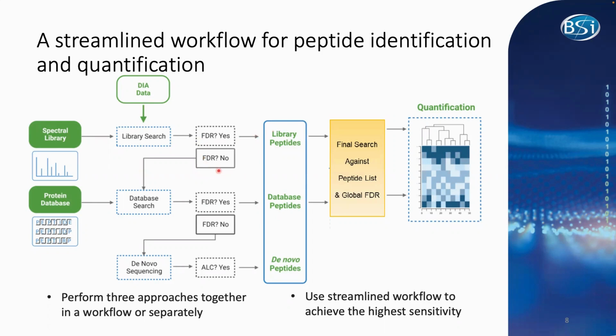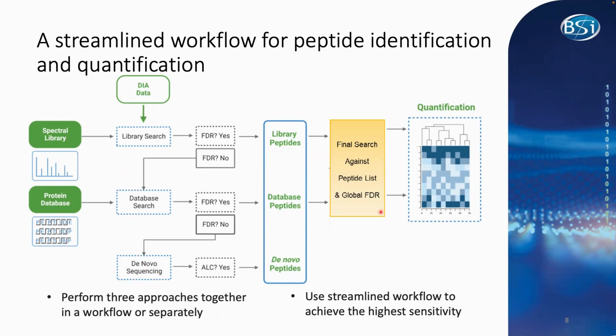MS2 spectra that couldn't be matched to any peptide in the spectral library within the FDR threshold are brought forward for database search. Same here, peptides that pass a certain FDR threshold are saved in the database search result. And any unmatched spectra from the spectral library search and database search are analyzed using de novo sequencing.